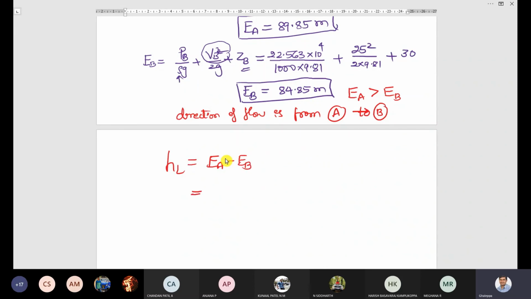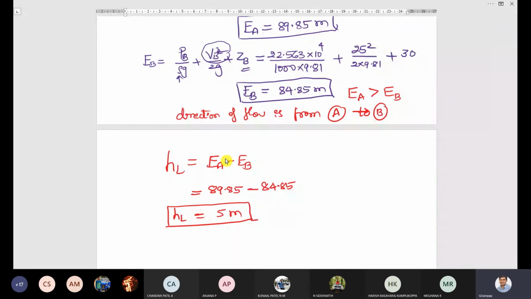EA is 89.85 meter, because all values are in head terms, pressure head, velocity head and potential head, so you get meter, the unit of head, minus EB, 84.85. If you do the difference, I get 5 meter as the value of head loss.